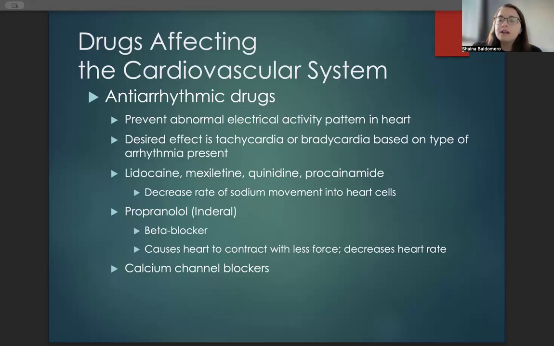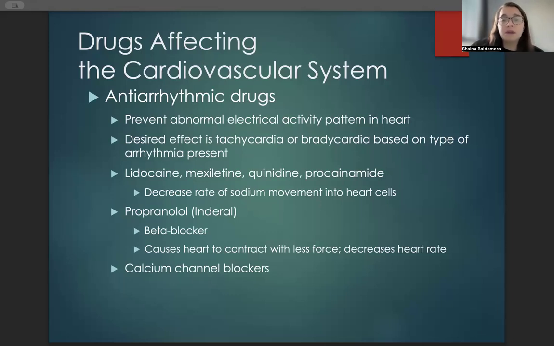So, what is an arrhythmia? An arrhythmia is a blanketed term basically saying that there is something wrong with the heart rhythm. That could be too fast of a heart rate, too slow of a heart rate, a murmur, blood swishing around in the heart, ventricles not closing all the way.